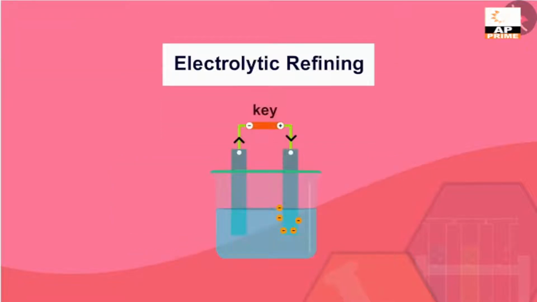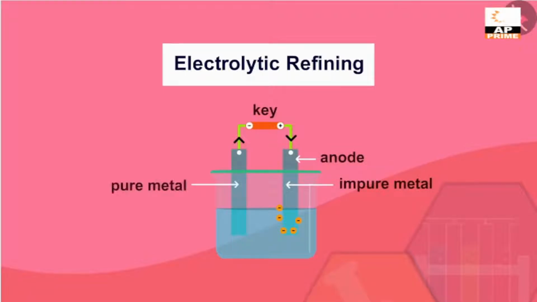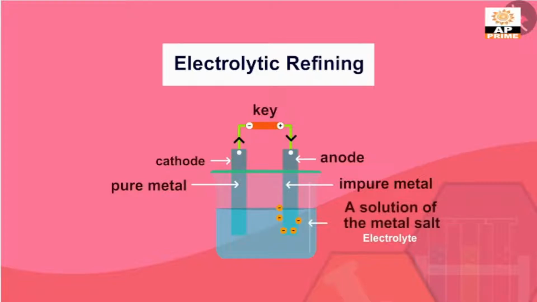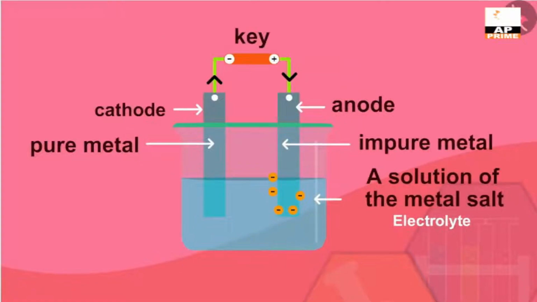In this process, the impure metal is made the anode and a thin strip of pure metal is made the cathode. A solution of the metal salt is used as an electrolyte. The apparatus is set up as shown in the diagram on screen.